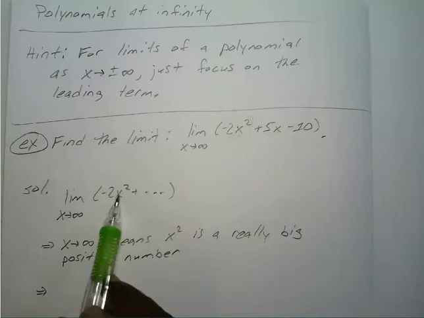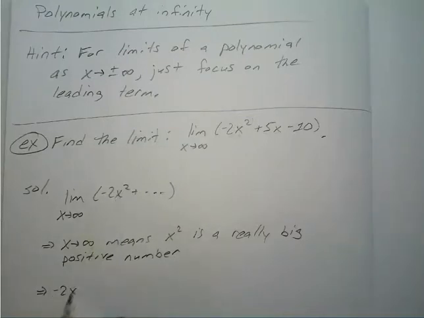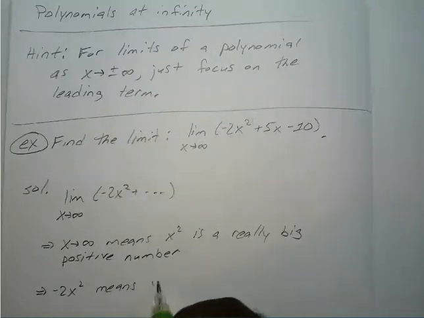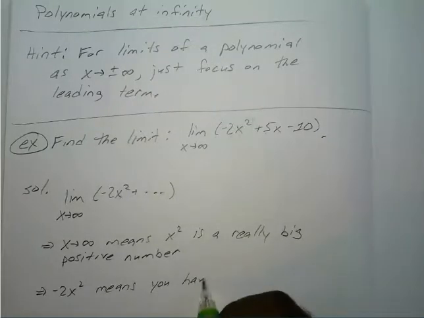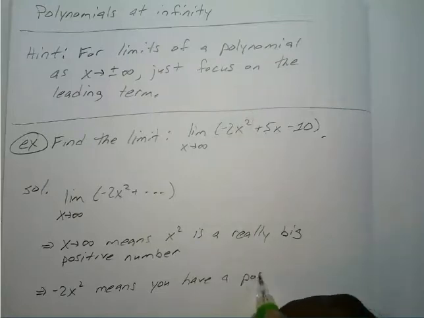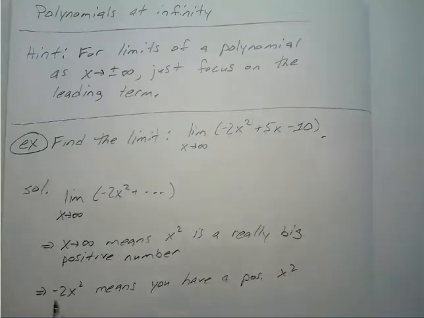Okay, now why is that important? Because negative 2x squared means you have a positive x squared multiplied by a negative 2.